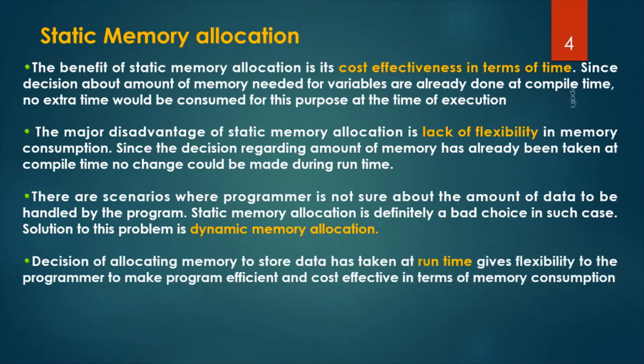Deciding the allocation of memory to store data at runtime gives flexibility to the programmer to make the program efficient and cost effective in terms of memory consumption. So allocating memory to store data at runtime is called dynamic memory allocation.